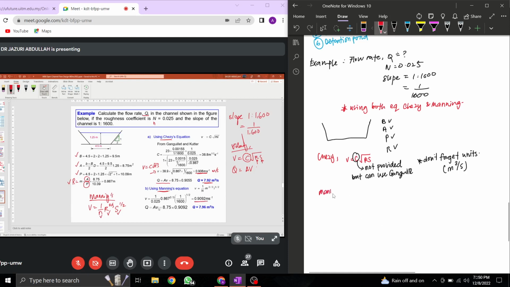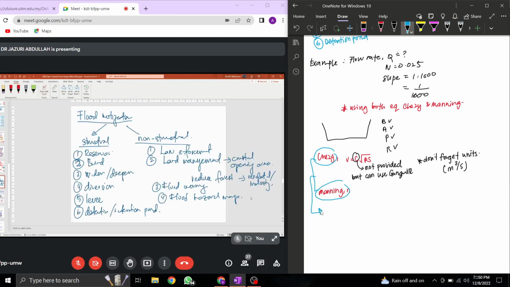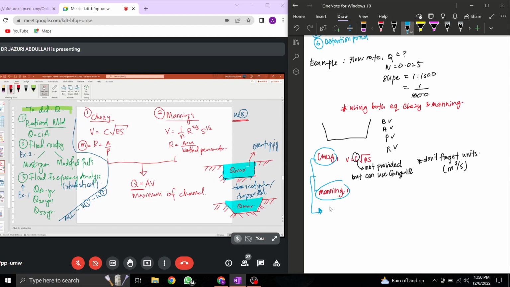You substitute into Q, you akan dapat 7.96. Okay, so the value not much different. Okay, so this is what you can assume as full capacity, full Q. Okay, so ini yang saya cakap tadi, you have to compare dengan apa yang telah diajarkan pada week nombor 1 sehingga week nombor 7.